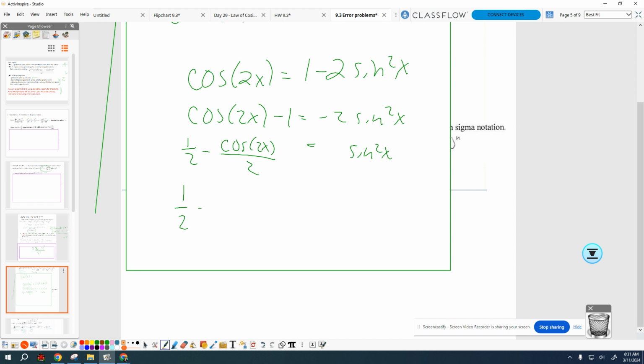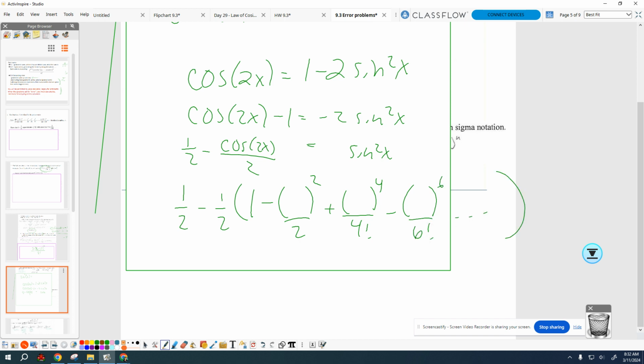It's 1/2 minus 1/2 times cosine of 2x. Cosine is even, so I'm going to start with the even powers: x to the 0 minus x squared over 2 factorial plus x to the 4th over 4 factorial minus x to the 6th over 6 factorial.